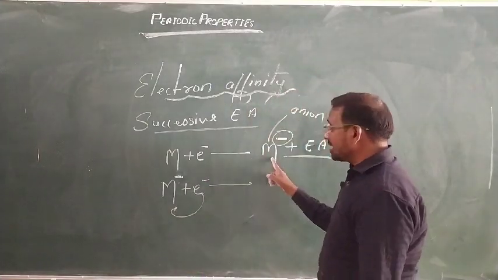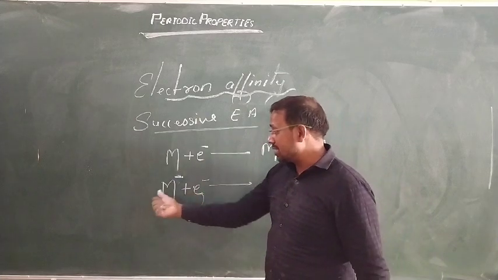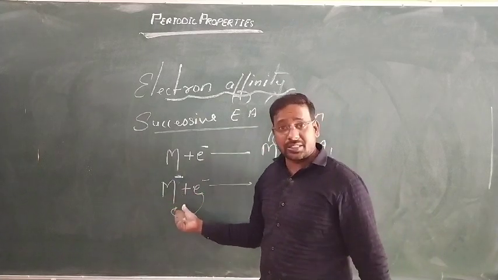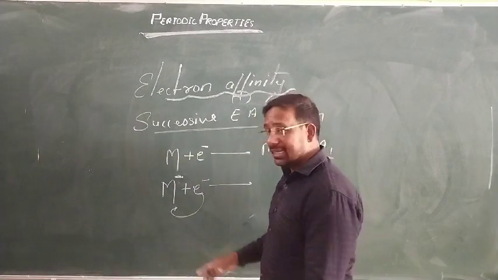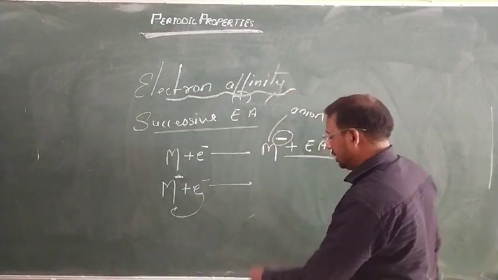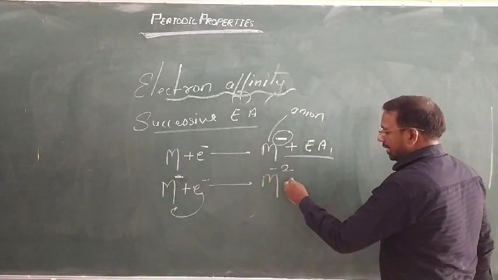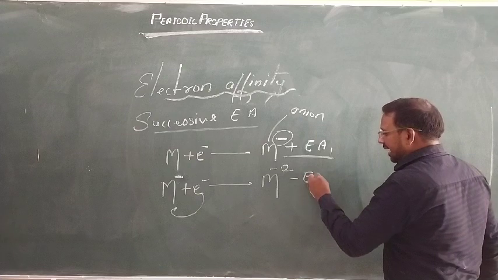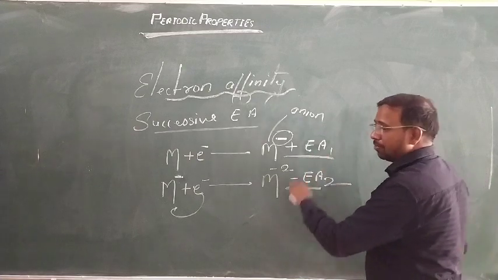In the first case energy is released, but in the successive case, the second step, if you want to add one more electron, we have to give energy, and it forms M2-. Its value will be EA2, with a negative charge.